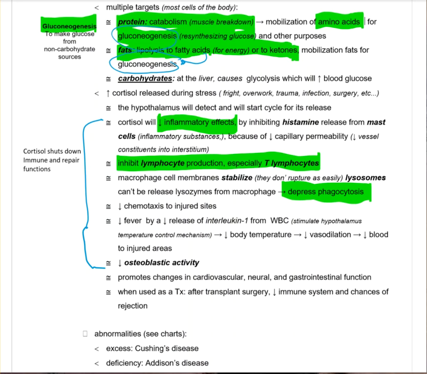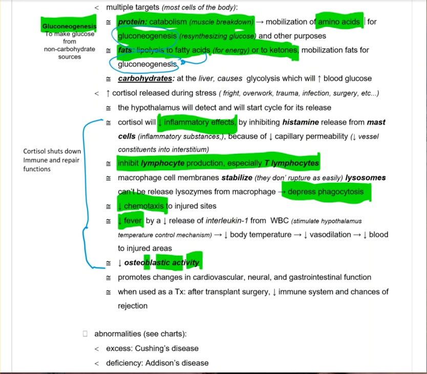Chemotaxis is where there's an injured site and chemicals are being released due to the injury. Let's say there's bacteria in an area breaking down the tissues. Some of those chemicals float around, and the macrophages can detect them and go towards them. It also depresses fever. And remember, fever is actually a good thing in your body. It's trying to make an environment where bacteria or viruses aren't working as well. So that could be a problem as well.